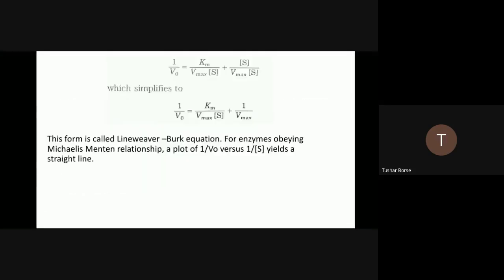It will give us this equation: 1 upon V0 is equal to Km divided by Vmax into S plus substrate concentration divided by Vmax into S. So it will further simplify into 1 upon V0 is equal to Km upon Vmax into S plus, so both the substrate concentrations will cancel at that point and we'll get 1 upon Vmax, that is the reciprocal of maximum velocity. So this form of our Michaelis-Menten equation is known as the Lineweaver-Burk equation.